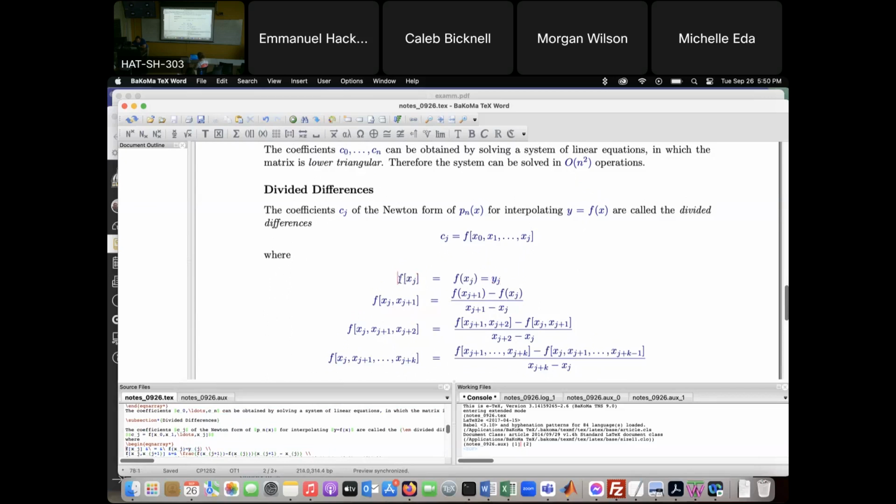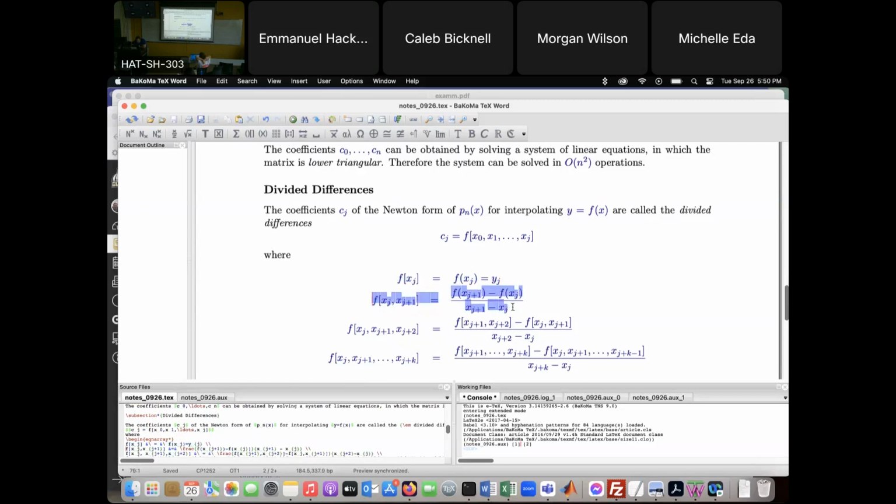So the simplest divided differences, these right here, are just the y values. Then I come to here. These are called the first order divided differences. Notice that in the square brackets you have two x values listed. And the way I compute it is with this difference quotient.